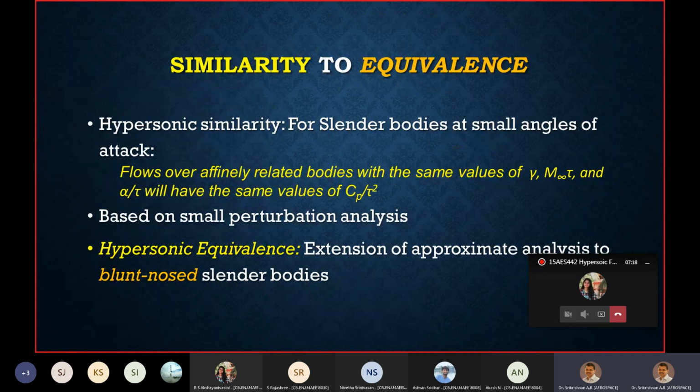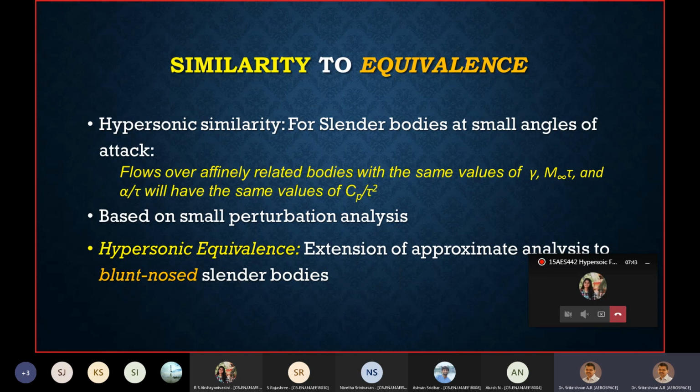The transformation is from similarity analysis, what we have just done, to the equivalence approach. As I mentioned, the similarity is restricted to slender bodies, whereas hypersonic equivalence is an attempt to extend the approximate analysis to blunt-nosed bodies. Again, blunt-nosed slender bodies, so we should be careful.